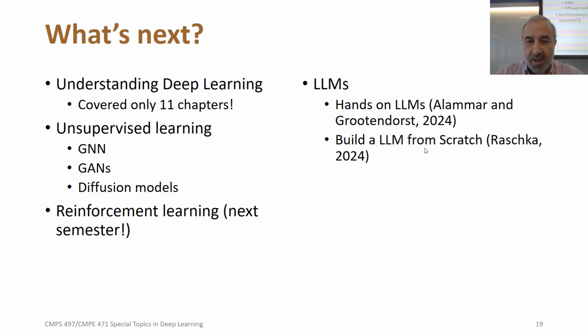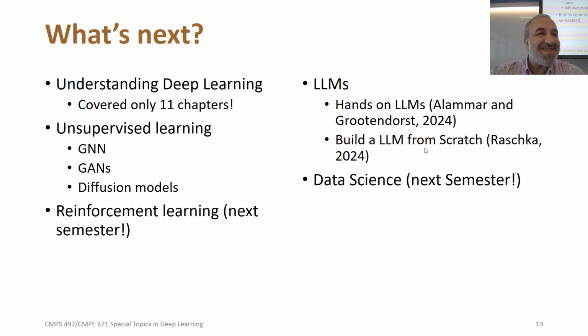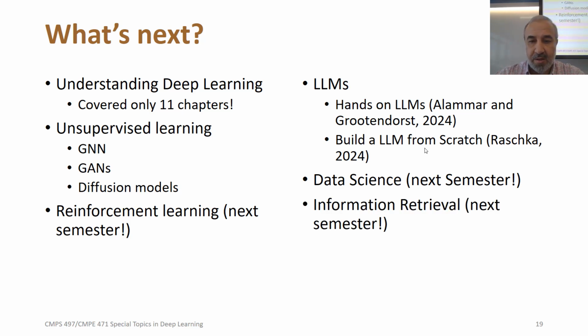There is also a course about data science next semester that I am teaching, inshallah. It's not on deep learning, but I think it will make your statistical background much better for deep learning and for machine learning in general. There is also another course that I might teach next semester.